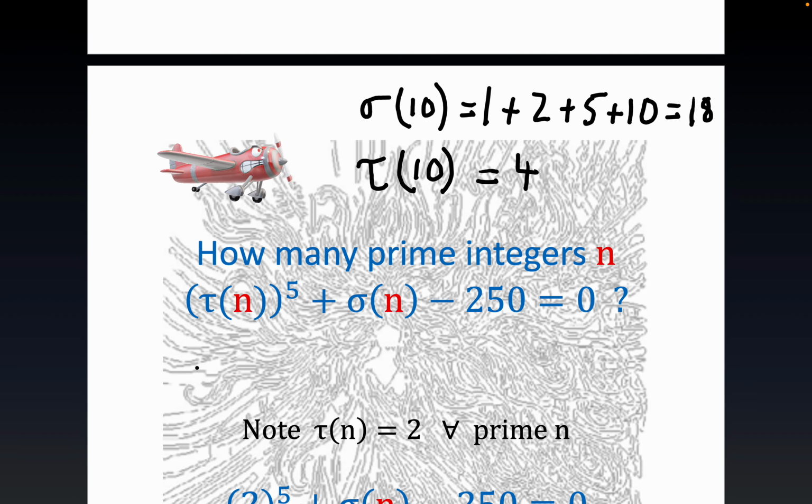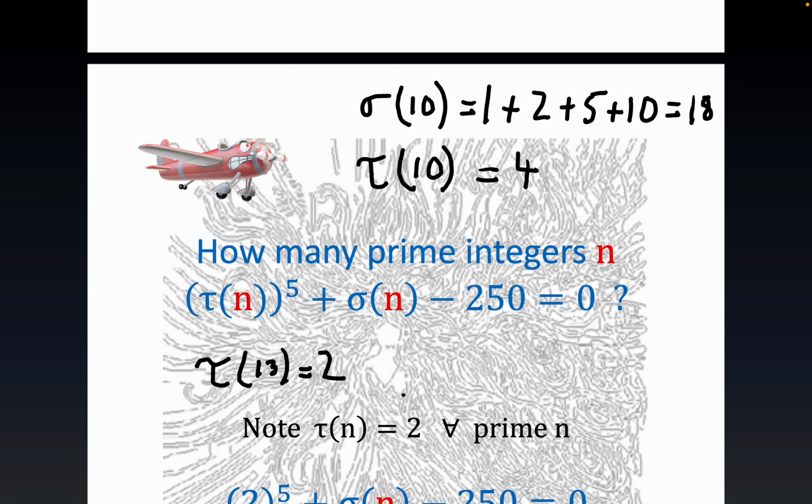For example, tau at 13 equals 2. And again, folks, that's how a prime number is defined, and it has 2 positive divisors, 1 and itself.